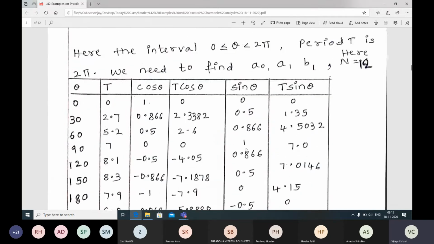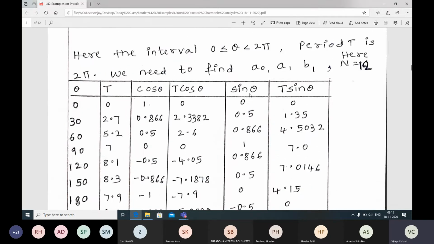Next, find sine theta. Wherever theta is there, go on replacing 0, 30, 60, 90, and so on.